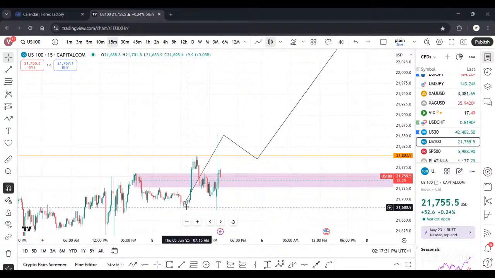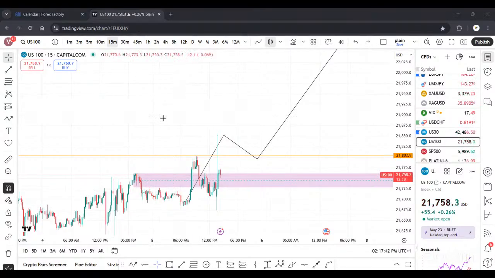Overall, it's a good day in terms of intraday analysis. I believe those that were here in the morning can testify to the setup we had.